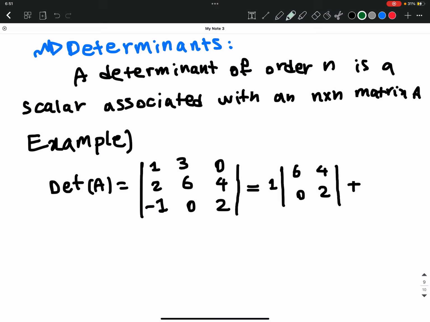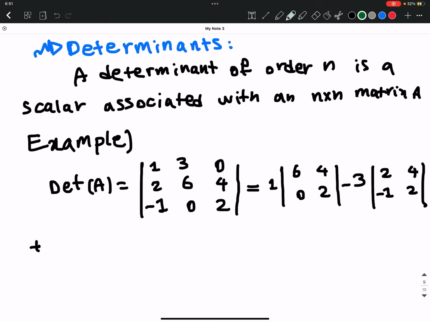For the second component, the sign is going to be negative because it's the second component. So let me just write it down. Minus 3, times the determinant of this smaller 2 by 2 matrix, 2, 4, minus 1, 2, plus the last one.